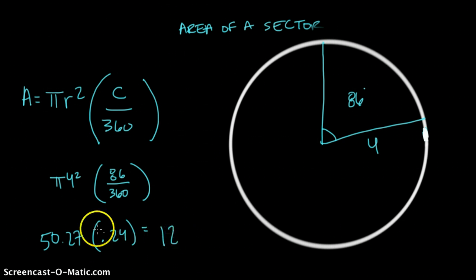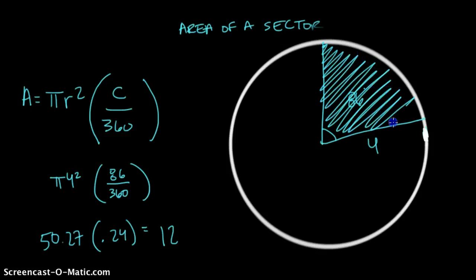Maybe 12 and some change, but depending on how you rounded your decimals here, we're looking for 12.0605, whatever. The answer is 12. That means the area here, there are 12 squares over here. 12 units squared. So the way you find the area, pi times radius squared times central angle over 360. That's how you find the area of a sector.